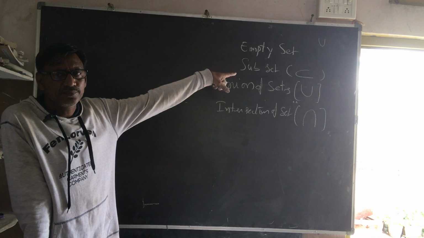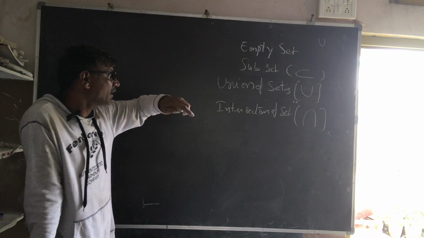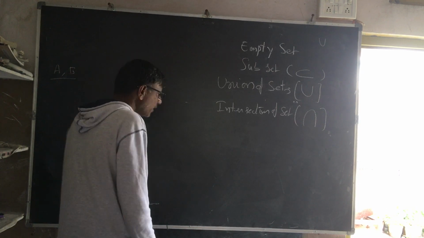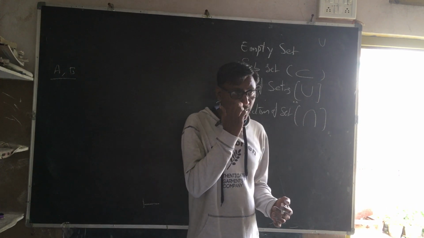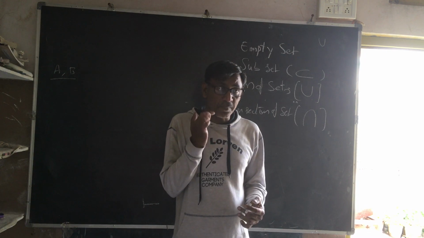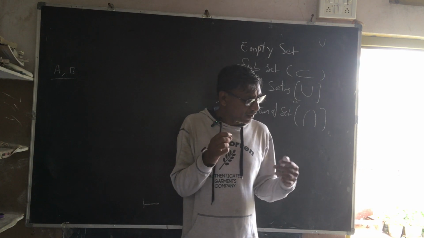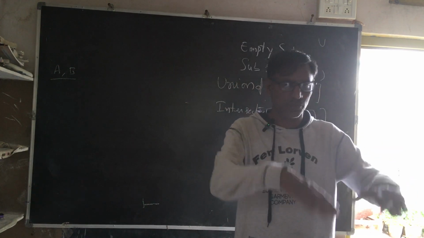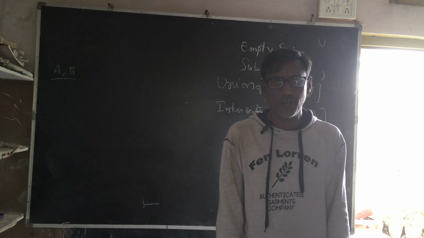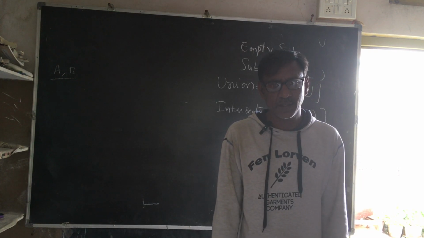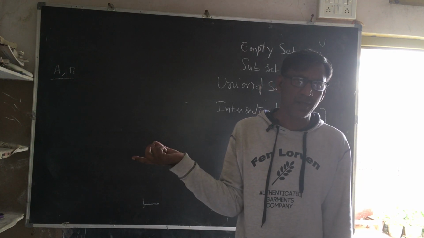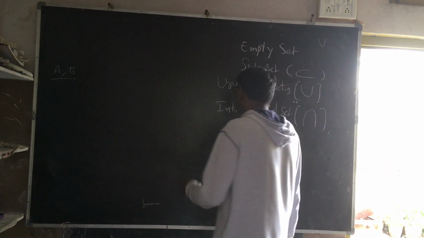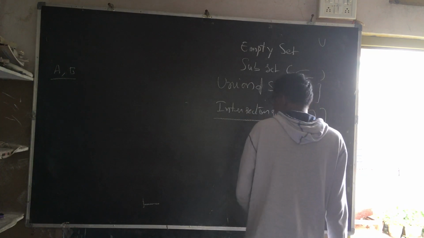Suppose A, B are any two sets. A union B is all elements present in A or present in B or present in both. That's very, very important. The next one, intersection of sets.